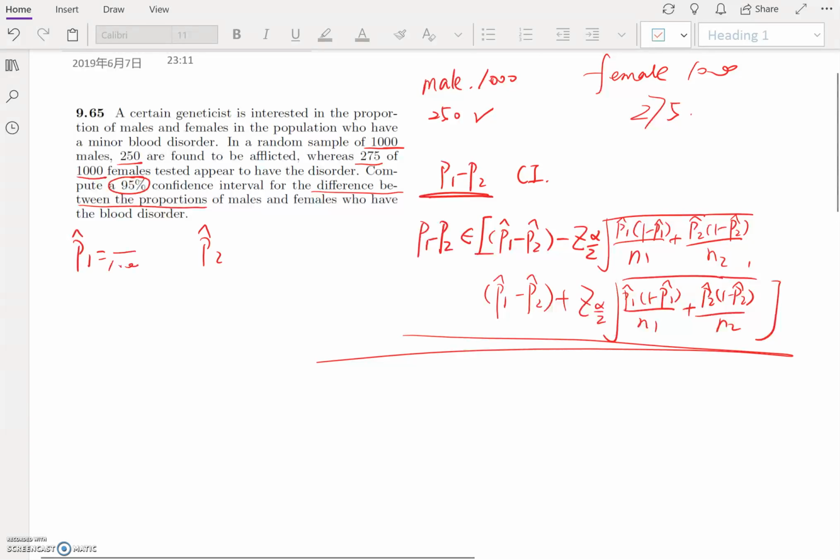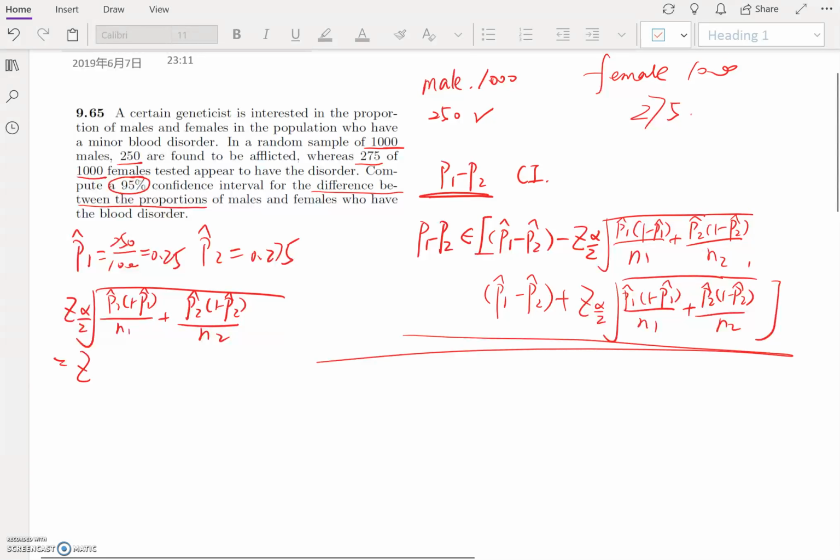It's easy to calculate: 250 over 1,000 equals 0.25, and this equals 0.275. Then z alpha over 2 times the square root of P1 hat times 1 minus P1 hat over N1 plus P2 hat times 1 minus P2 hat over N2. For a 95% confidence interval, alpha over 2 is 0.025, and this is then 0.25 times 0.75 divided by 1,000, plus 0.275 times 0.725 divided by 1,000.